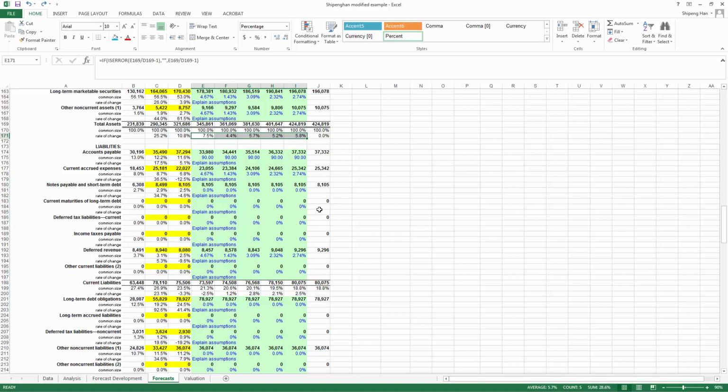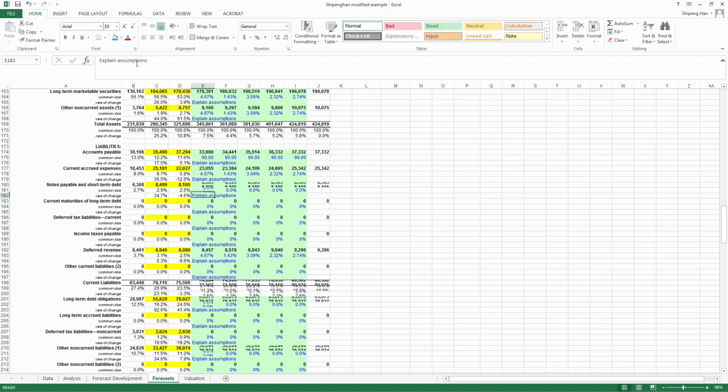But we do not directly use the growth rate of total assets. We make adjustments by decreasing the growth rate a little bit, because debt is not the only source of finance. Okay, decrease like 1.5%. So the growth rate decreased to 6%.